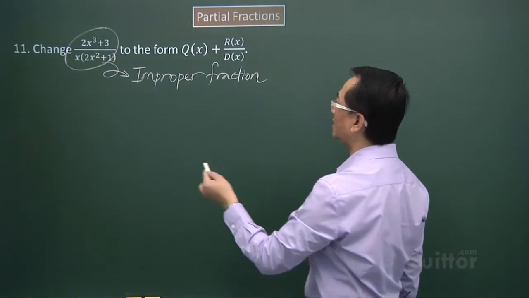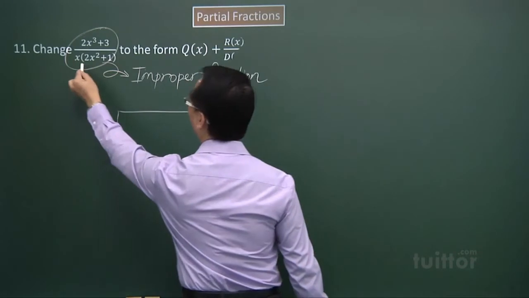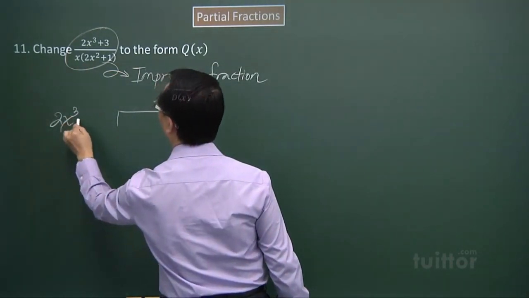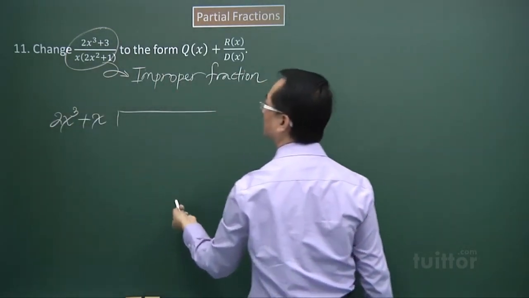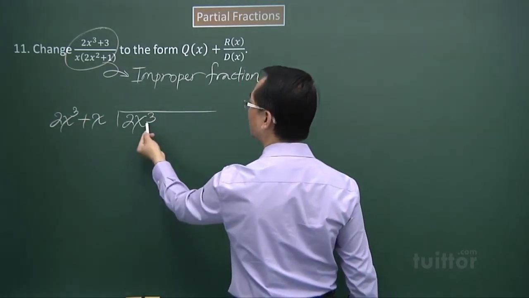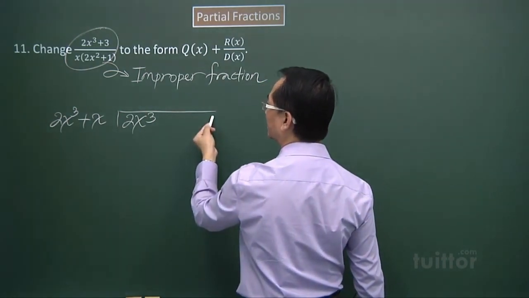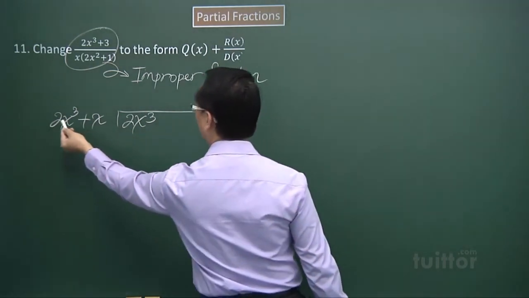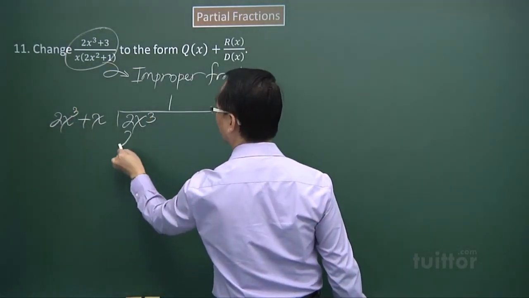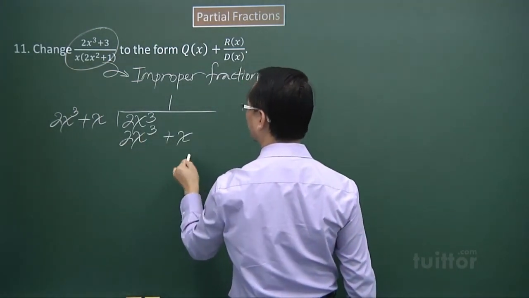So the way to do it is, when this is fully expanded, I have 2x cubed plus x. Here I have 2x cubed. Now this is what I'll do before writing in the constant. I need to multiply this by a 1, and I'll get 2x cubed plus x.